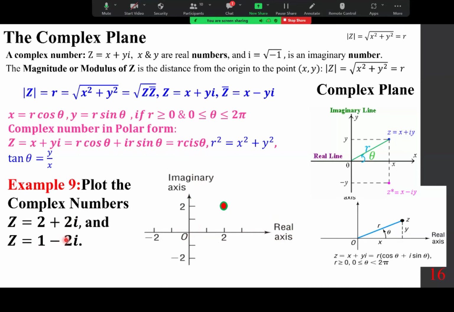Go minus 2 along the y-axis. That means go down along the y-axis, the imaginary axis. So here's 1, here's negative 2, put them together, and it gives you this point. So all we have to do, can we plot those easy points? That's the question, and we should be able to do that.